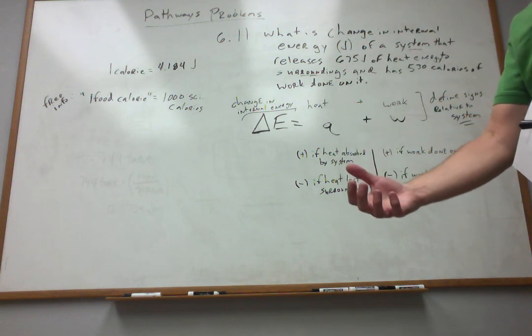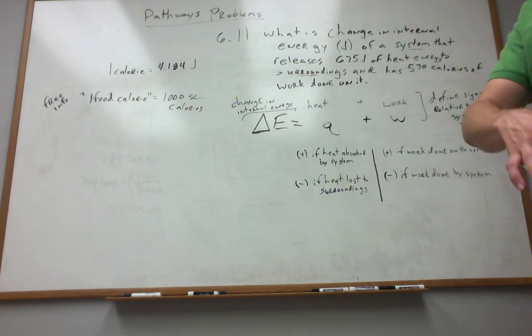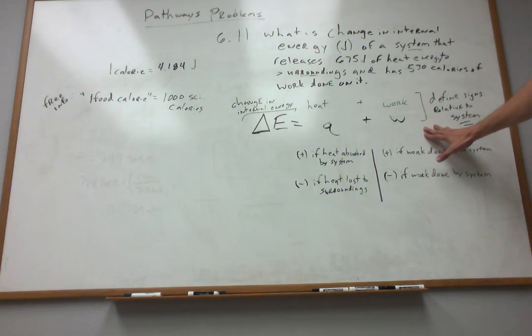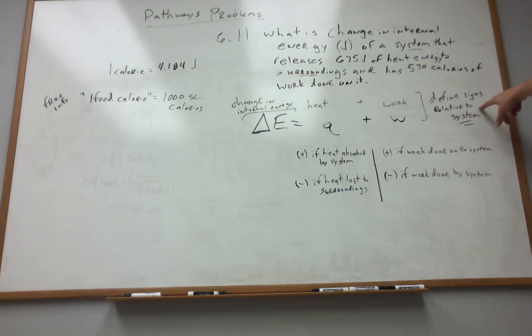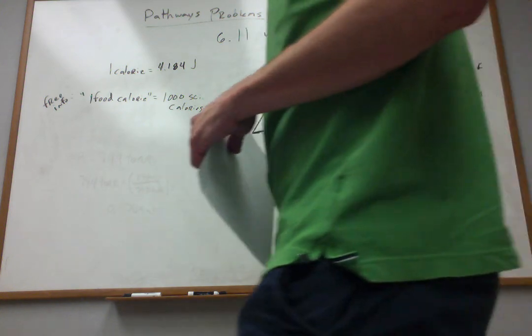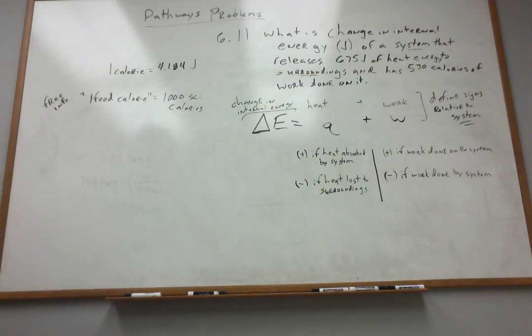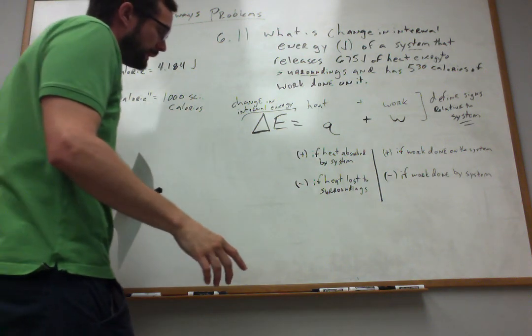Is it into the system or out of the system? Now in this equation, the equation that we're going to use for this chemistry class, okay, we're going to define the positive and negative sign relative to the system itself. How are things changing relative to the chemical system? Not the surroundings, the system, okay?